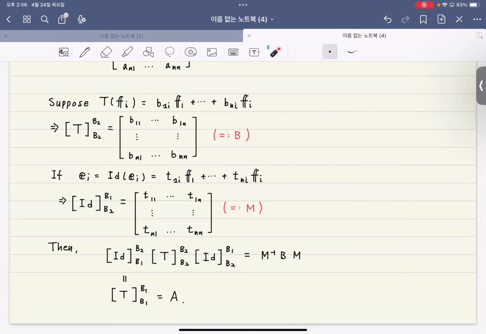And today, I want to introduce another invariant of the matrix.